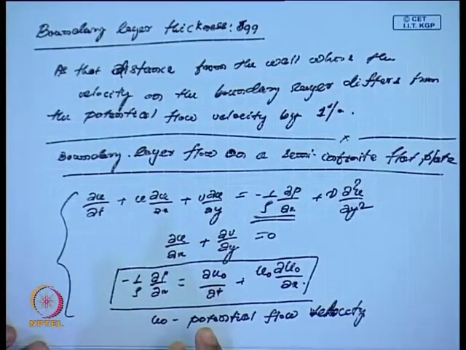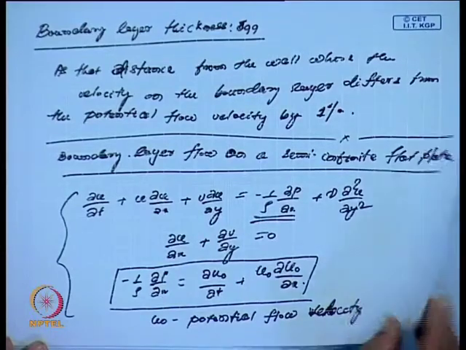This is the total 2-dimensional boundary layer equation. Now, what will happen to the steady boundary layer flow equation? If the motion becomes steady, then we call this the Blasius solution.